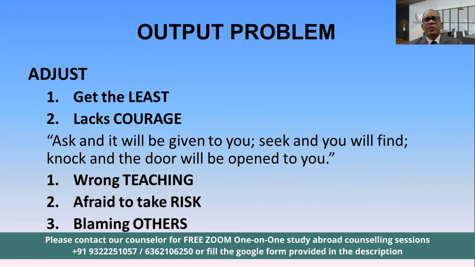We blame others. We basically blame others because we don't want to make ourselves responsible for our mistakes. Rather than taking the ownership, I blame others, saying that because of you, this happened. Because of you, I failed. Because of you, maybe parents, maybe friends, maybe family, maybe society, maybe some other person. But we always like to blame others for our mistakes.